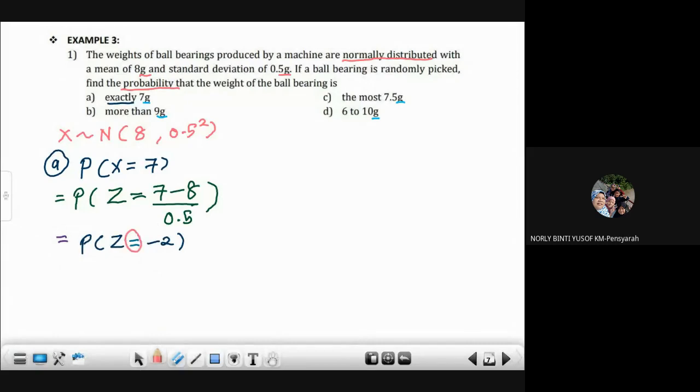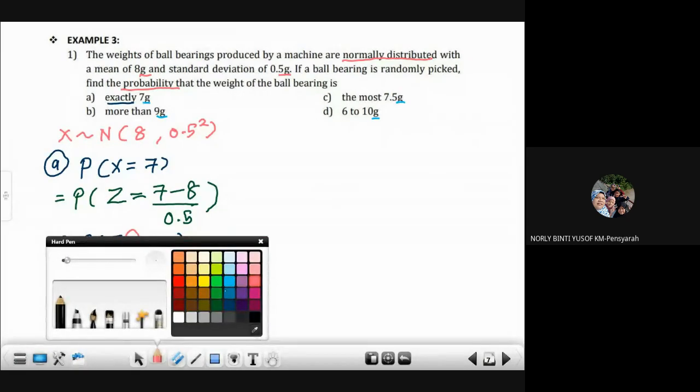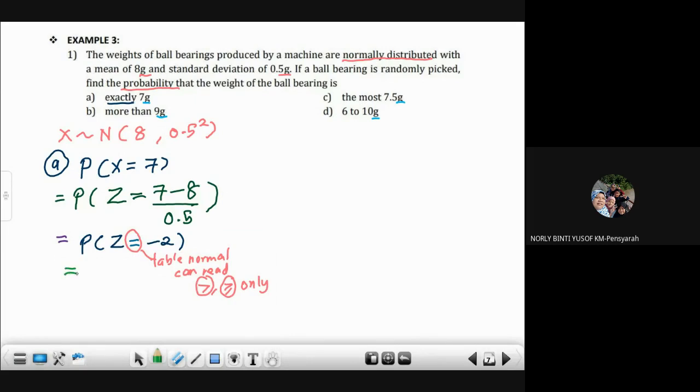Untuk ni, table normal Z lah. Can just read greater or greater than only. Jadi kita takkan ada nilai kat sini. So jawapan dia adalah 0.